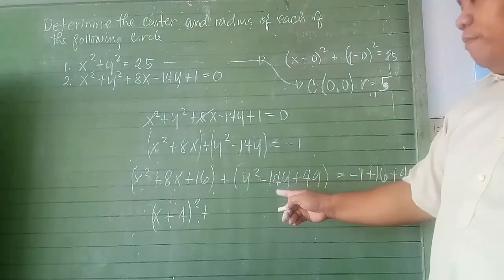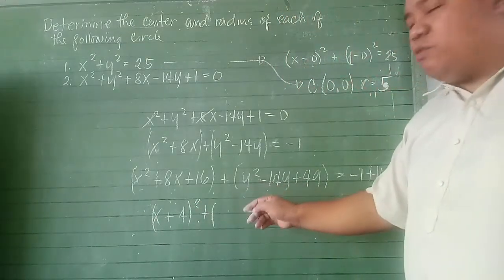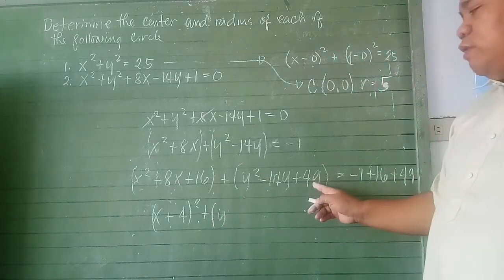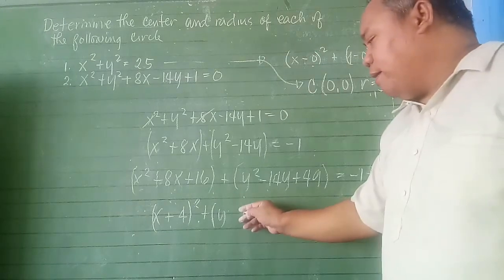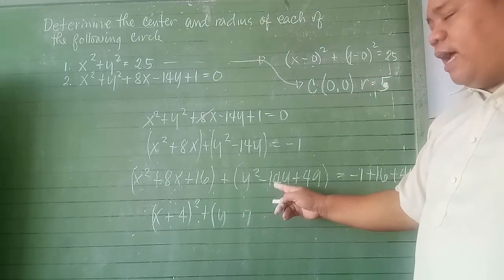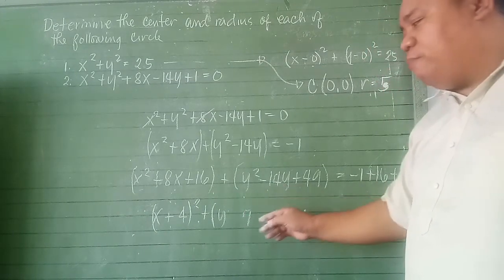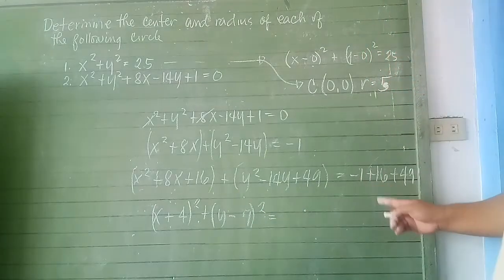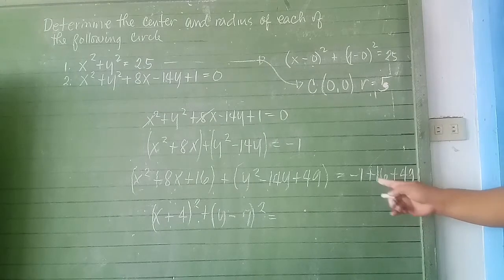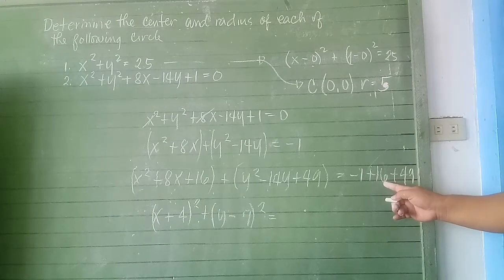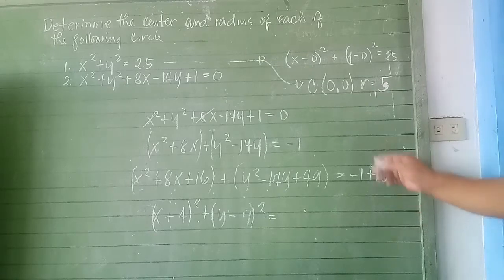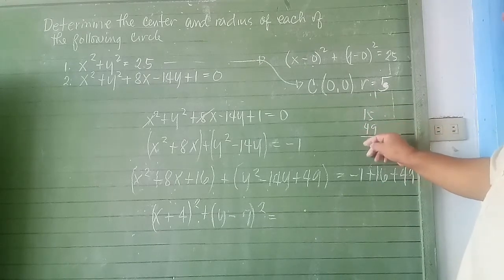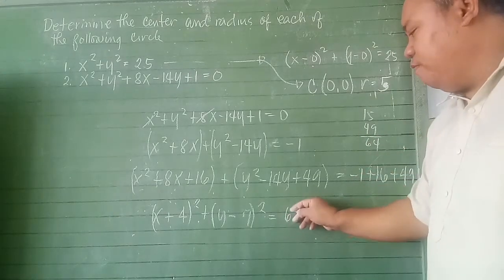Plus, in y, the square root of y squared is y, then the square root of 49 is 7. Take note, the sign of the middle term is negative, so this is minus, and then squared. Then on the right side, negative 1 plus 16 is 15, and 15 plus 49 is 64. So this is 64.